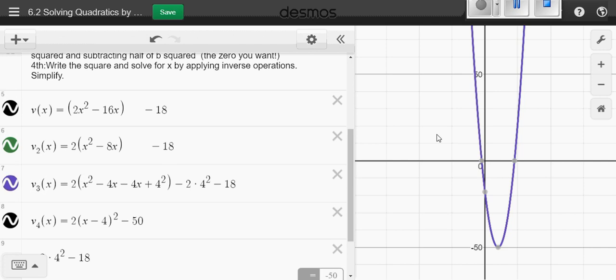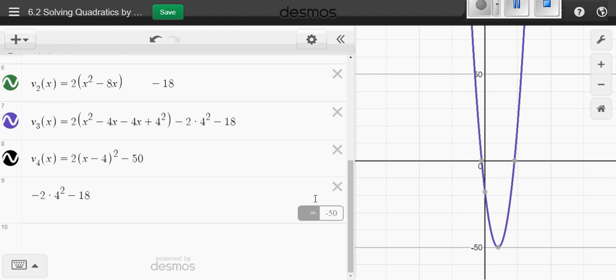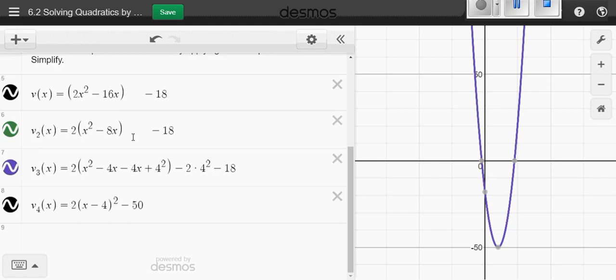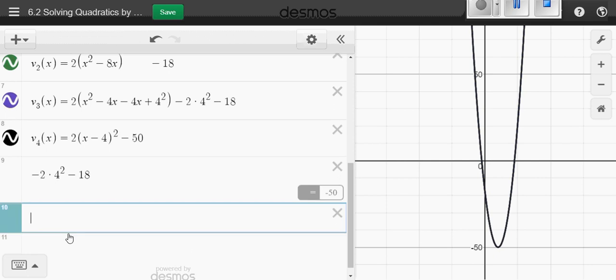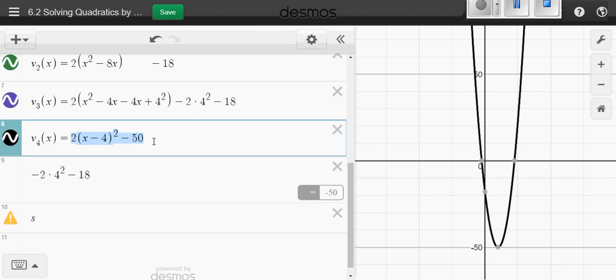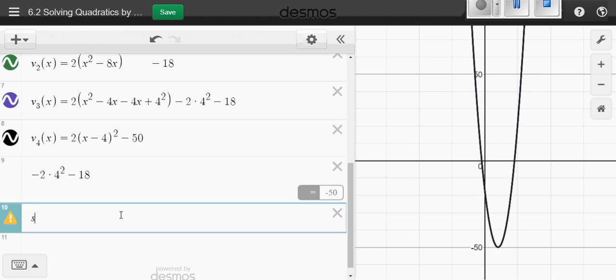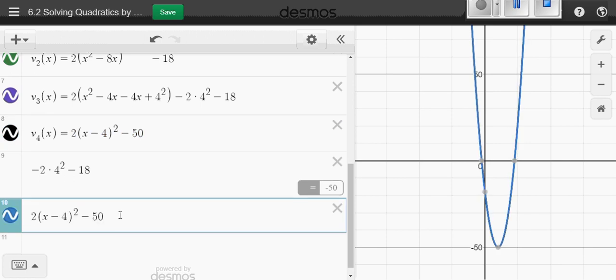But next is, how do I find the solutions? We have to ask, when is this equal to 0? Okay, that's the question. And there are the answers.